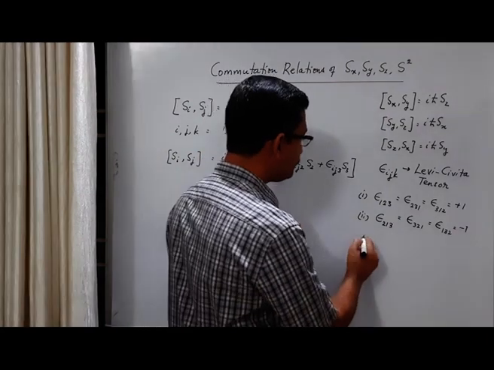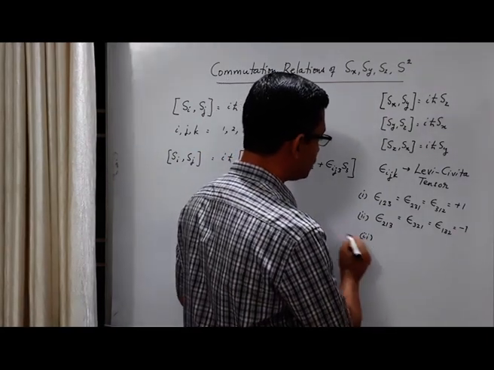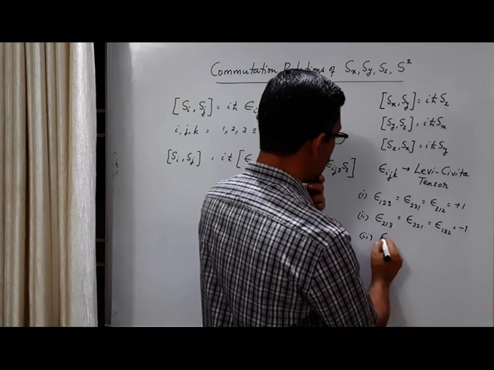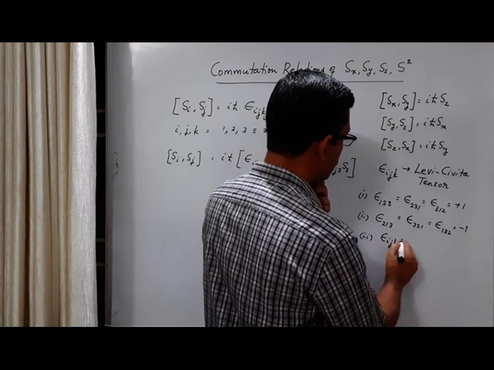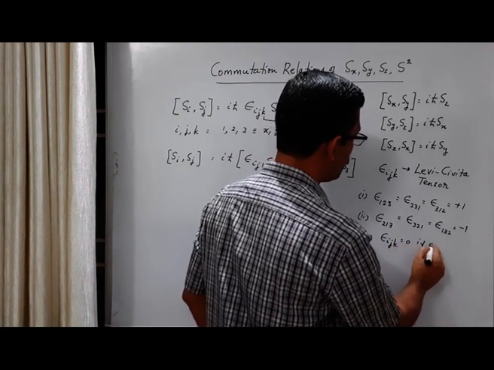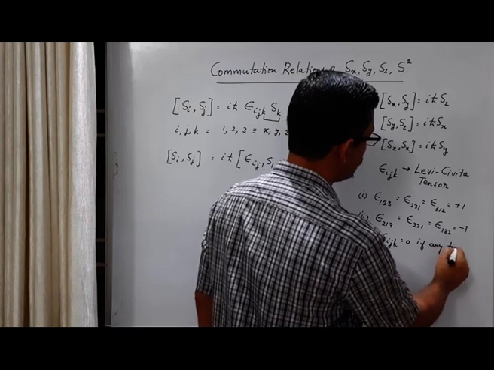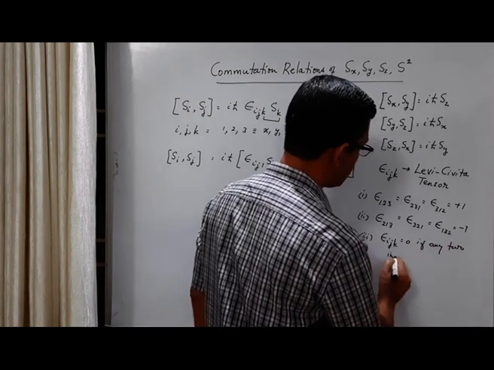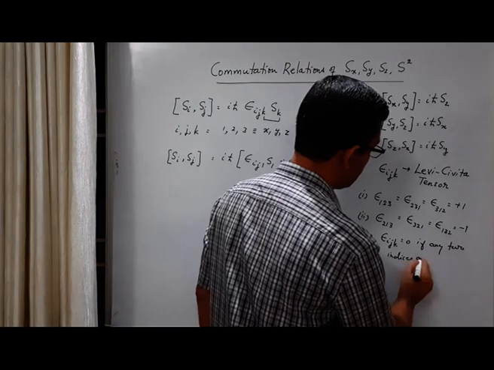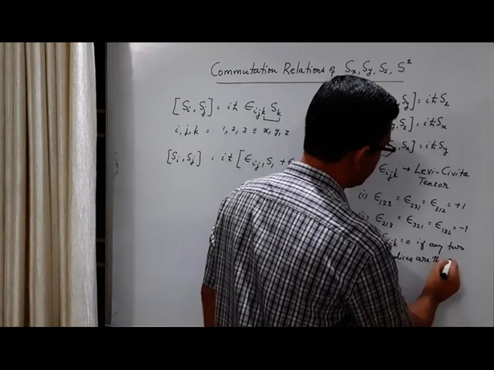And thirdly, the third property is epsilon ijk equal to 0 if any two indices are the same.